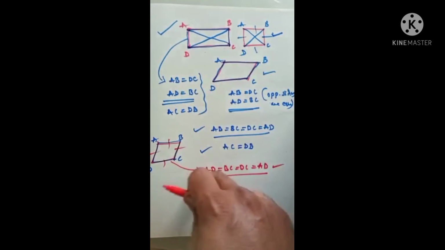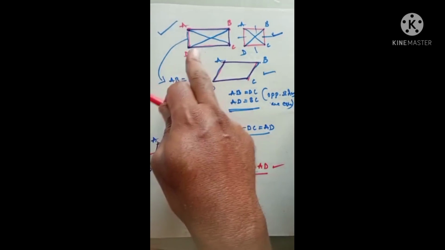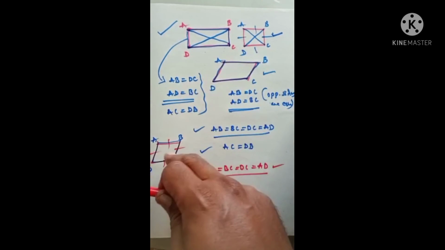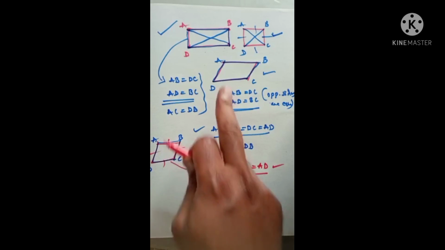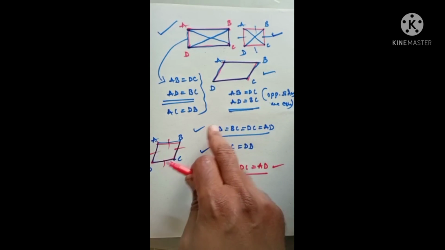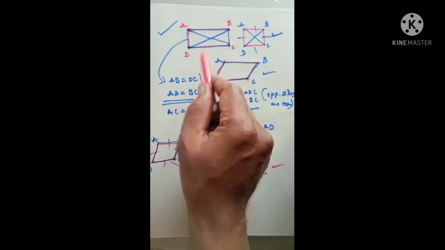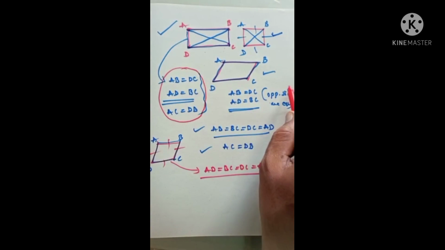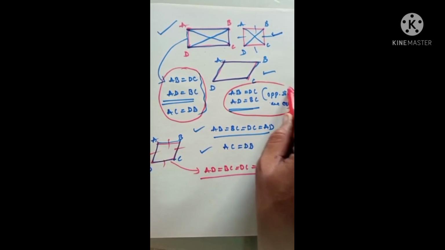So on this concept, whether he asks you to prove a rectangle, parallelogram, square or rhombus, you want to keep these properties in mind. If you want to prove a rectangle, you want to prove these two conditions, and if you want to prove that it is a parallelogram, this condition is enough.